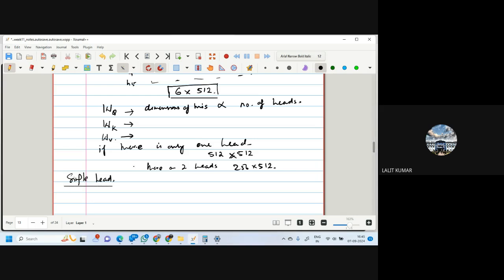In a single head, we get Q equal to WQ into H transpose. W is 512 into 512, and H we transpose, for example, if we are taking 6 into 512.